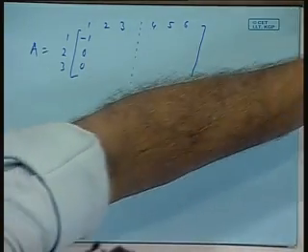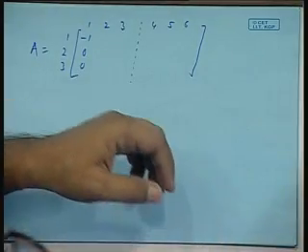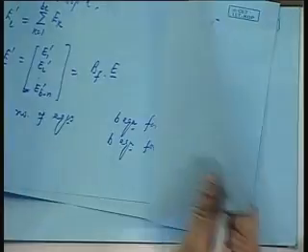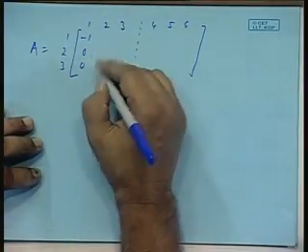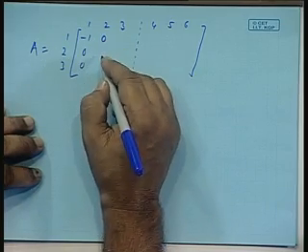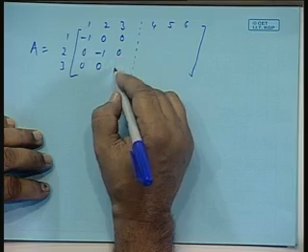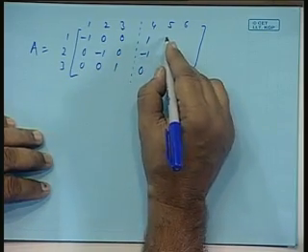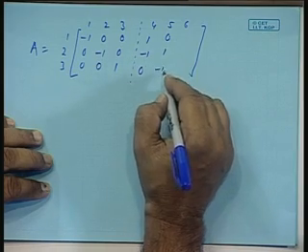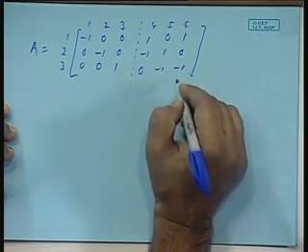If we refer to the network that we took, if you check the values: 0 minus 1 0, 0 0 1, then 1 minus 1 0, 0 1 minus 1 and 1 0 minus 1.